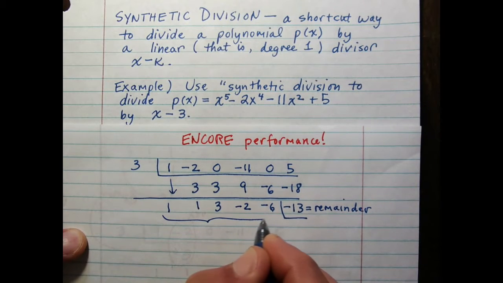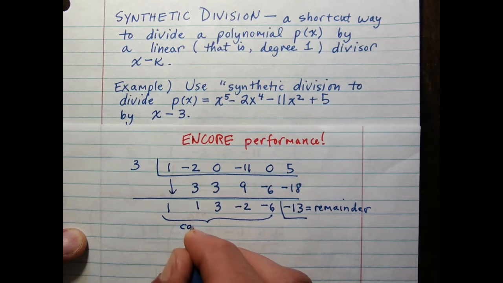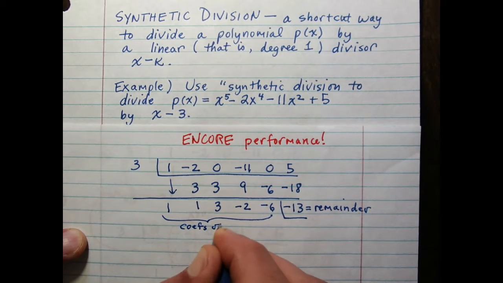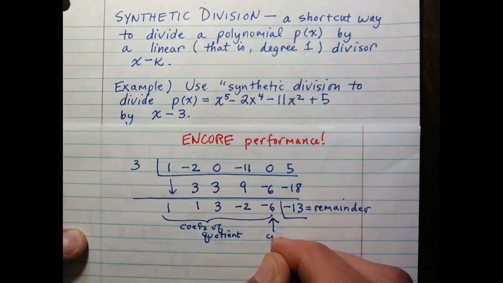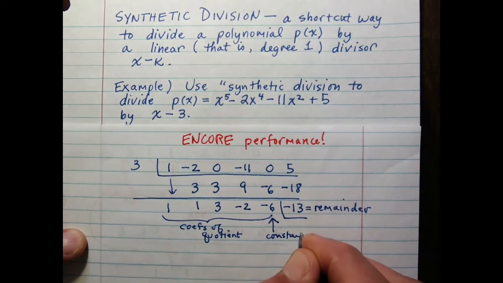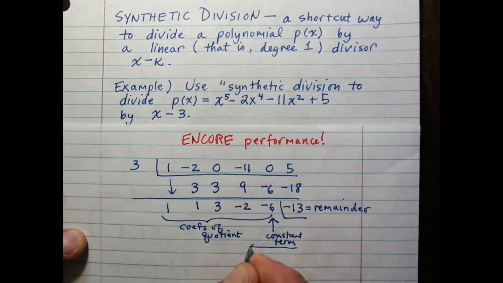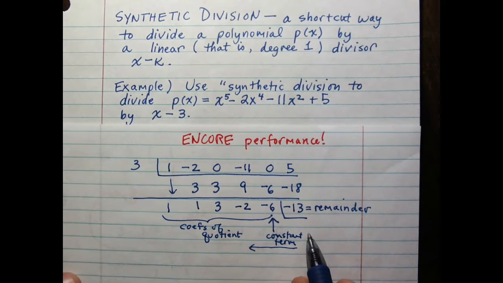And these numbers are coefficients of the quotient. And just remember that this negative 6 is the constant term. And then you want to work backwards when you describe the quotient.